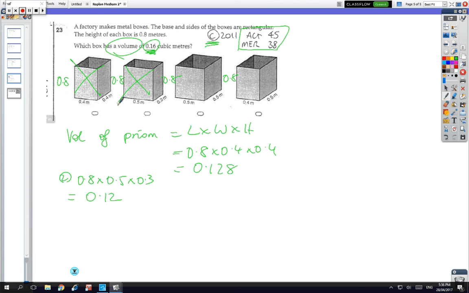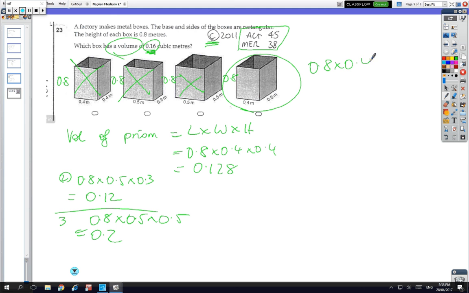That's wrong. The third one, 0.8 by 0.5 by 0.5 equals 0.2. So that's wrong. So let's just see that this one gives you the right answer. It's the only one that's left. 0.8 by 0.4 by 0.5, and that gives you the 0.16. So that one is the correct answer.